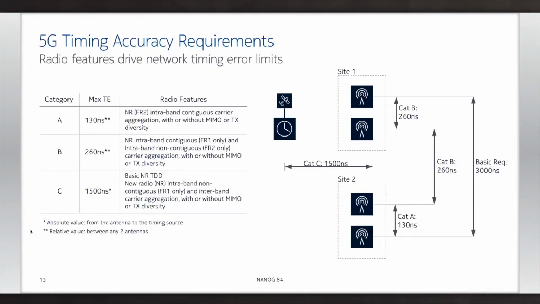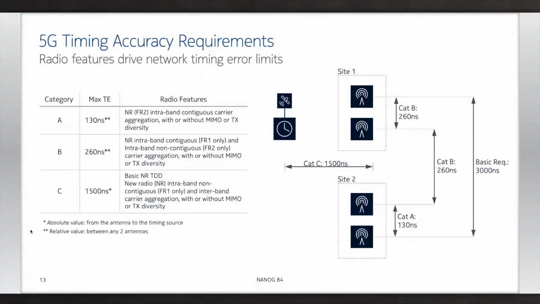I'll start from the bottom of the table on the left, and that's category C. Here we have the value of 1,500 nanoseconds. Sometimes you see 1.5 microseconds as well, obviously the same thing.